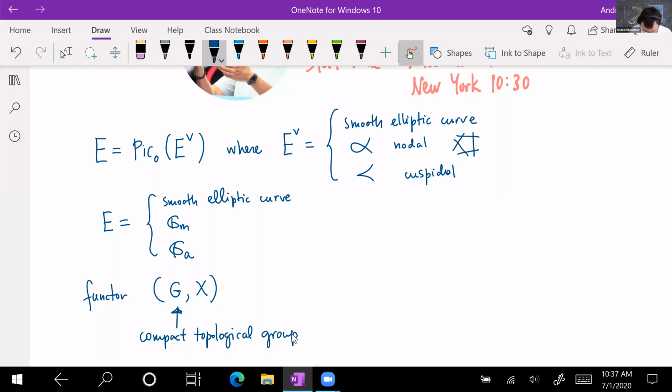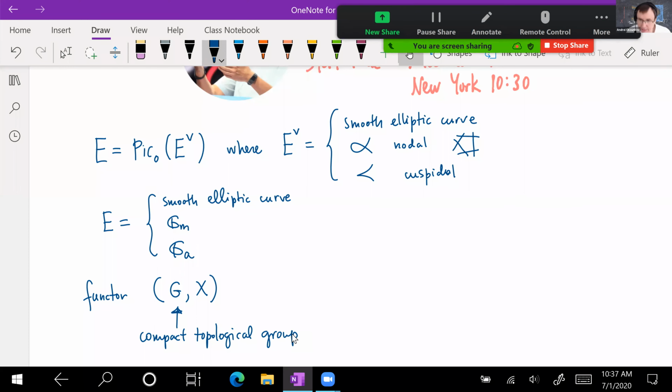If we have a compact connected topological group, then there's a corresponding reductive group, which we will just denote by the same letter, otherwise it'll be very confusing if we keep changing this notation. So you should remember that when we talk about topological spaces with group action, a compact group acts, but if we're talking about algebraic varieties, then the reductive group acts. Because X for us will be both a topological space and an algebraic variety.